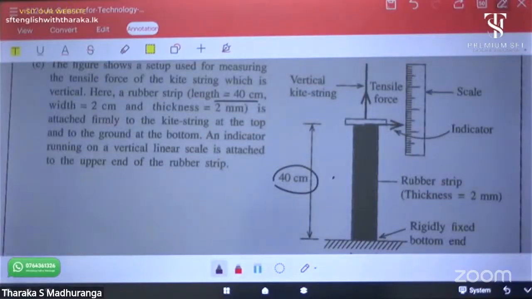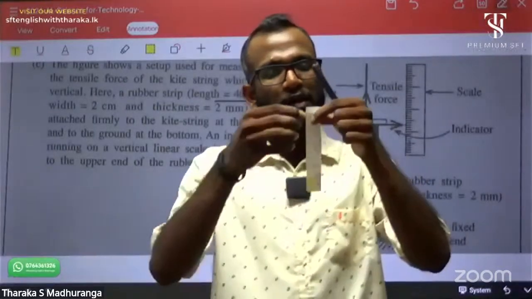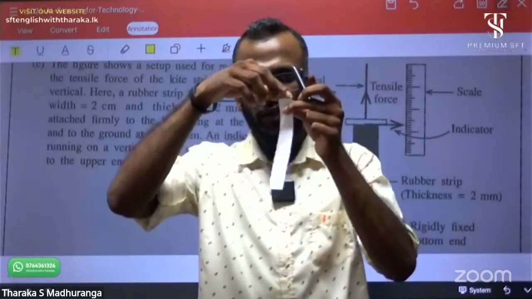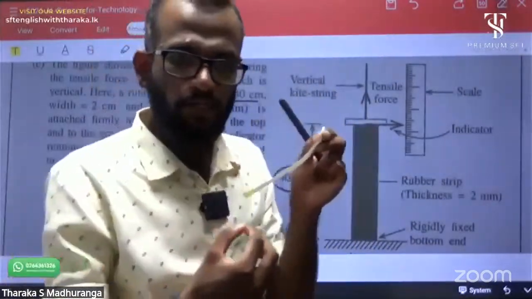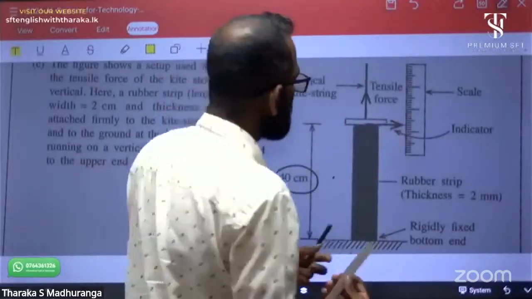A string means a strip, just like this, like a tube cut into a strip. Length 40 centimeter, width 2 centimeter, and thickness 2 millimeters, right? These are the rubber string.